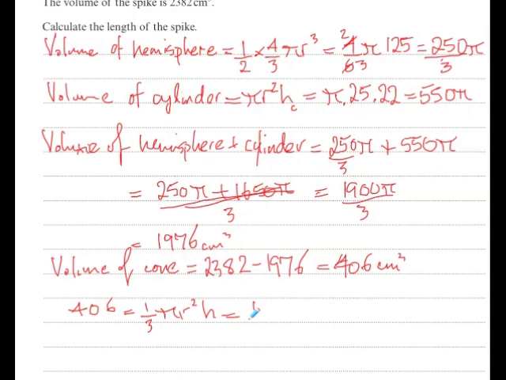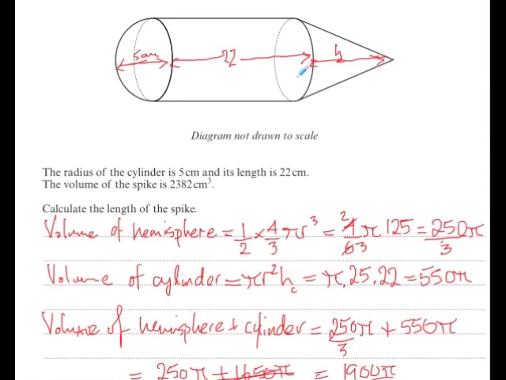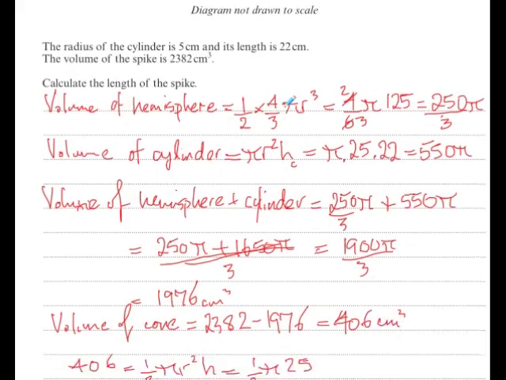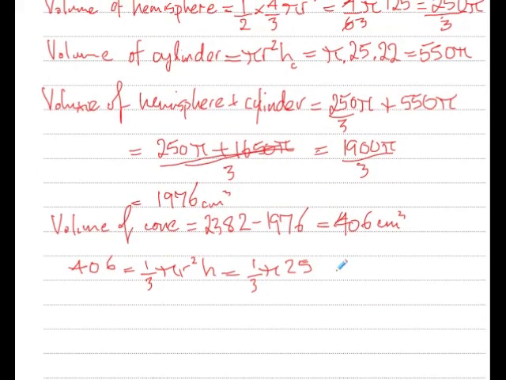So that's equal to 1/3 pi times 5 squared, again 25, because that's the radius of the cone. It's 5 centimeters still. So that's going to be 5 squared, times h.